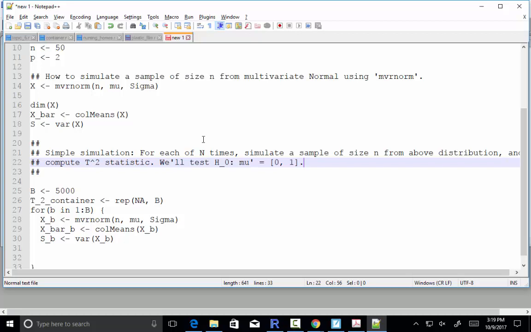And we are going to simulate the case where we see data from that distribution, and we test, is the mean equal to 0, 1? So I should not reject the null hypothesis when we do this. We can still compute a t-squared statistic, can still get a p-value for it, but the null hypothesis is true, so I should not reject it. Will I ever reject it when we do this simulation? Will I ever reject the null hypothesis?